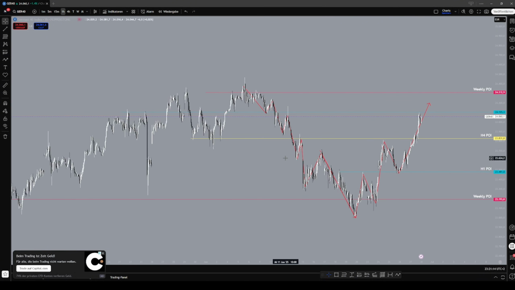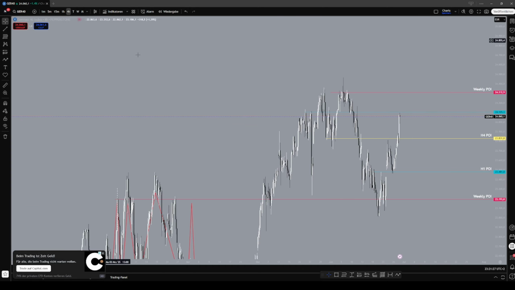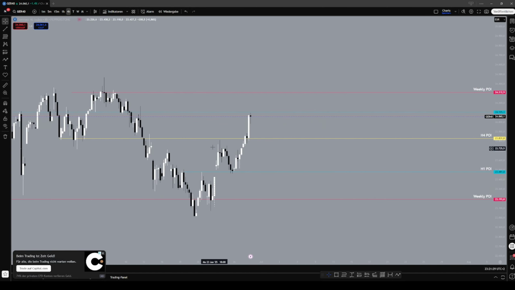You can see every trend is also a trend in a higher time frame. If we switch into a higher time frame, I will just delete these drawings. You can see my trend in the H1 chart is also part of the structure in here.